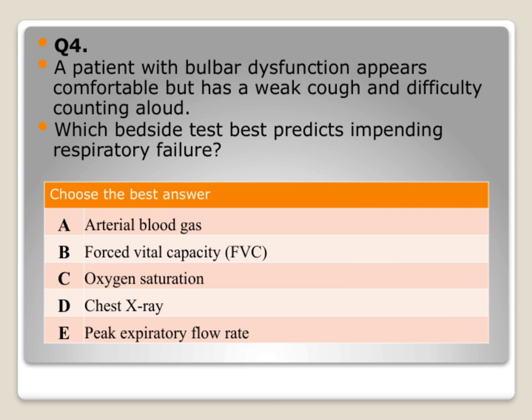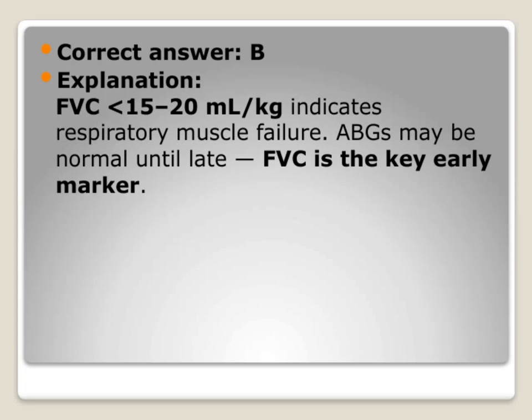Oxygen saturation can be helpful, but may not show early deterioration if oxygen levels stay normal initially. So, in summary, monitoring the peak expiratory flow rate gives us a real-time, functional assessment of the patient's respiratory capacity, making it the best predictor for impending respiratory failure in this case. The correct answer here is B.